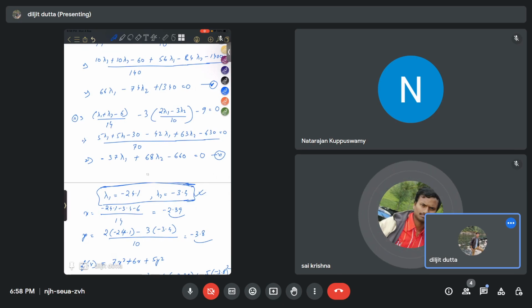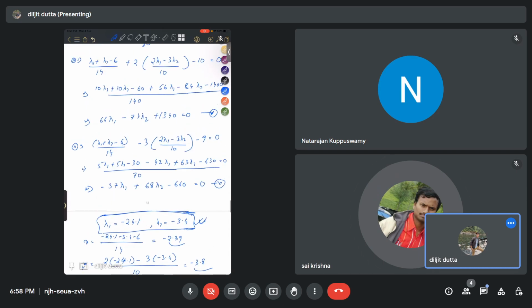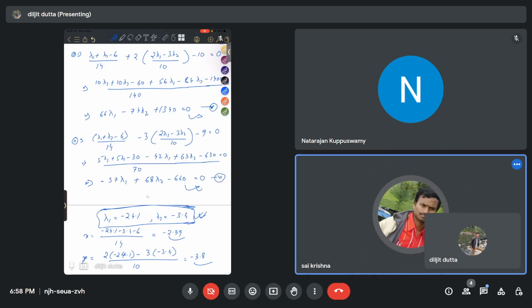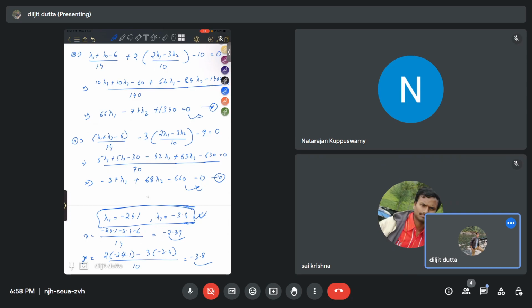Okay, so I think these equations are not wrong. 5 lambda 1 plus 5 lambda 2.